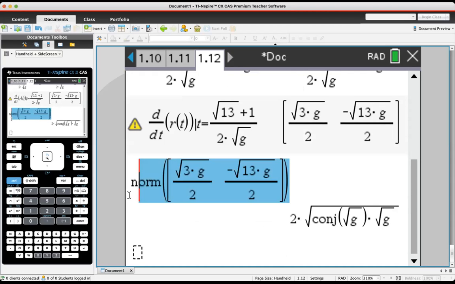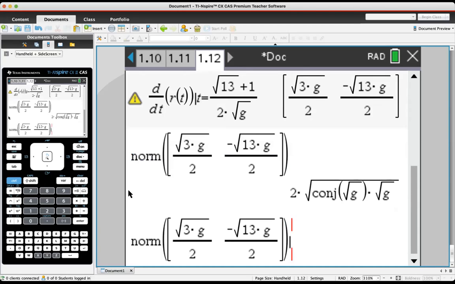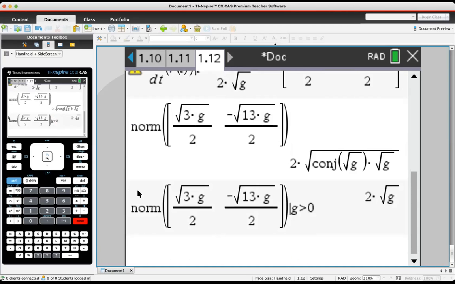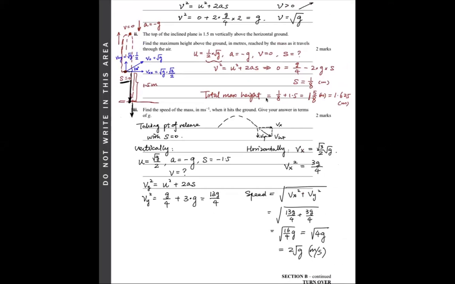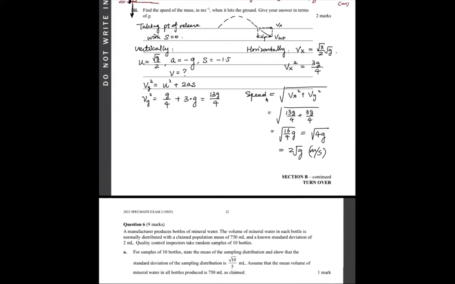Notice that the CAS calculator needs you to specify g is greater than 0. So the answer is 2√g, which is consistent with our previous method, okay? Right, so that is question 5, which is a very interesting and very flexible kinematics and vector calculus question. Projectile motion, let's have a look at the last one.